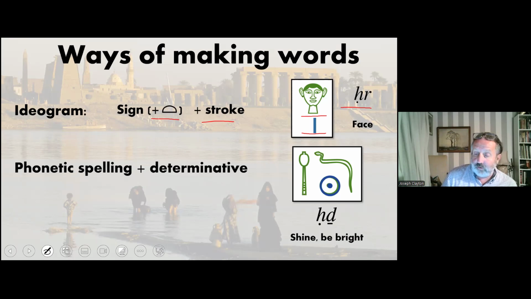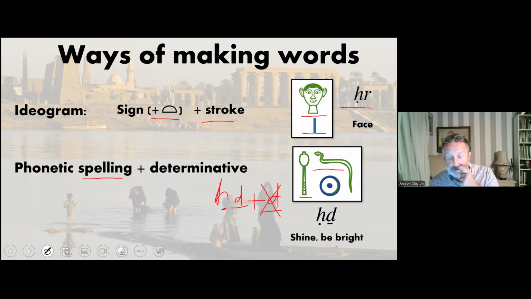Right, the usual way of making a word is that you have a phonetic spelling. In this case, we've got hedge, a biliteral which reads hedge, plus J. That J is the same as this one, so it's going to be a phonetic complement, so it's just going to read hedge, and that's a verb which means to shine or to be bright.